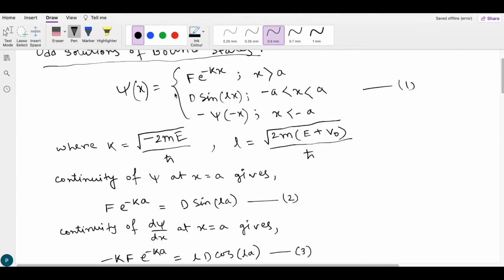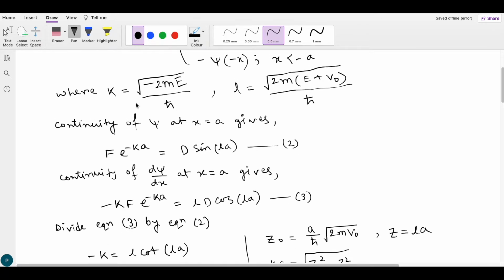In the previous video we saw the solution was D cos lx in the region minus a to a, because that was an even solution, but today we are discussing odd solutions, so we are using D sine lx, and as it is an odd solution, we know that psi(minus x) equals minus psi(x). That's why we write a minus before psi(minus x) for the region x less than minus a.